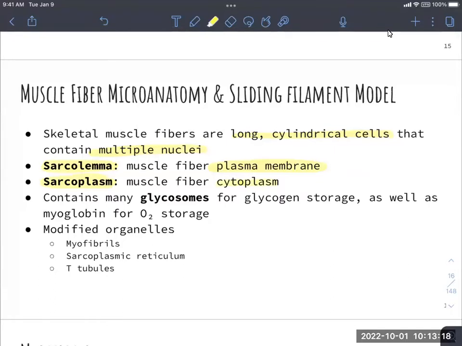Muscles contain glycosomes, which are glycogen. So they have a lot of glycogen stores within each muscle cell. They also have myoglobin.